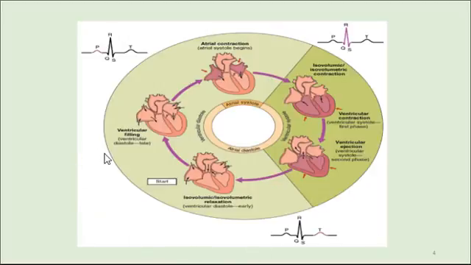Move on to ventricular filling. The atrial pressure exceeds ventricular pressure, which causes the mitral and tricuspid valves to open. Blood flows passively into the ventricles. About 70% of ventricular filling takes place during this phase. What's not listed here is atrial systole.